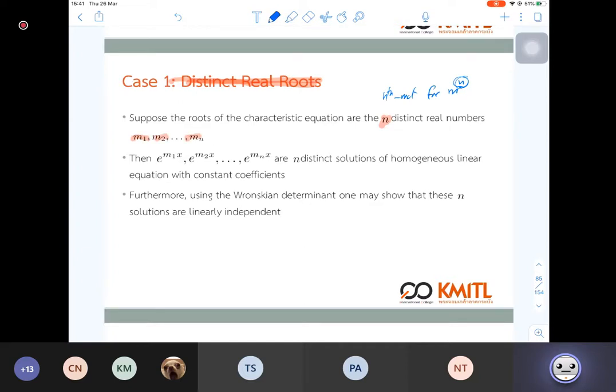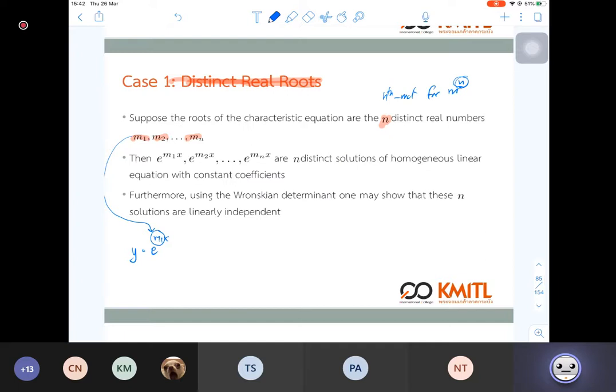So the solution would be, you put that in here. We actually have the form of the solution already, y equal to e to the power of mx. What we do not know is just m, and we find m from the characteristic equation, whose roots are m1, m2 until mn.